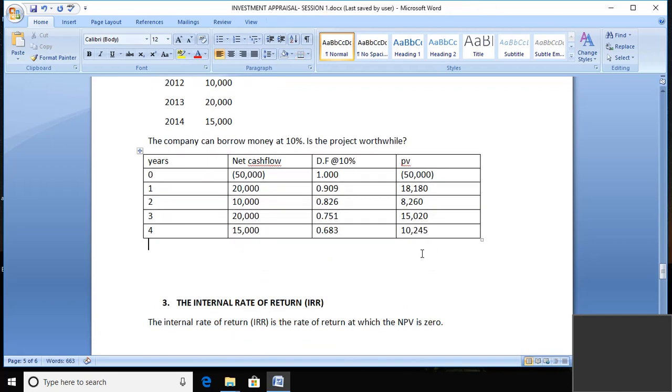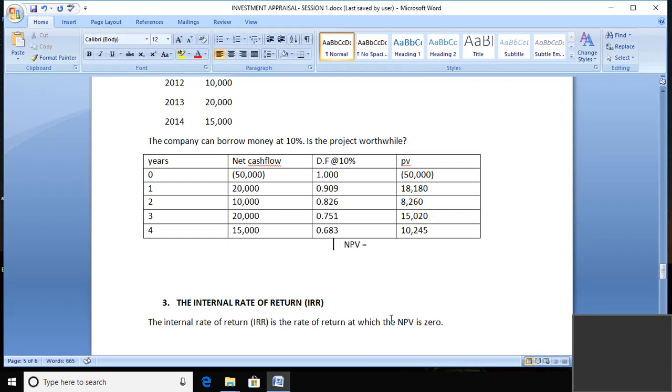So what we need down there now, we need to calculate our net PV. What is our NPV? Net present value is just the net of all the present values that we have calculated.